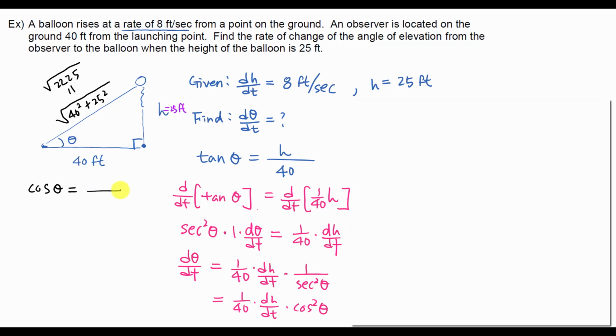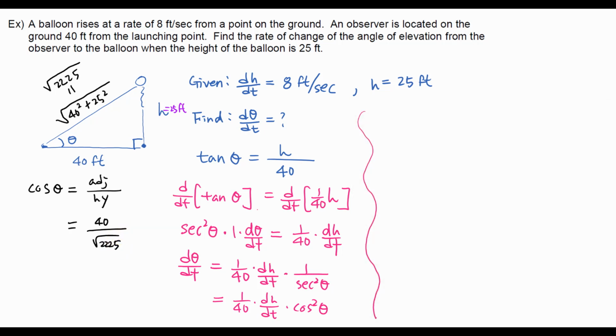So then what's the cosine of theta here? Cosine is CAH, adjacent over hypotenuse. So that is 40 over square root of 2,225. So now we can finally find our d theta dt.